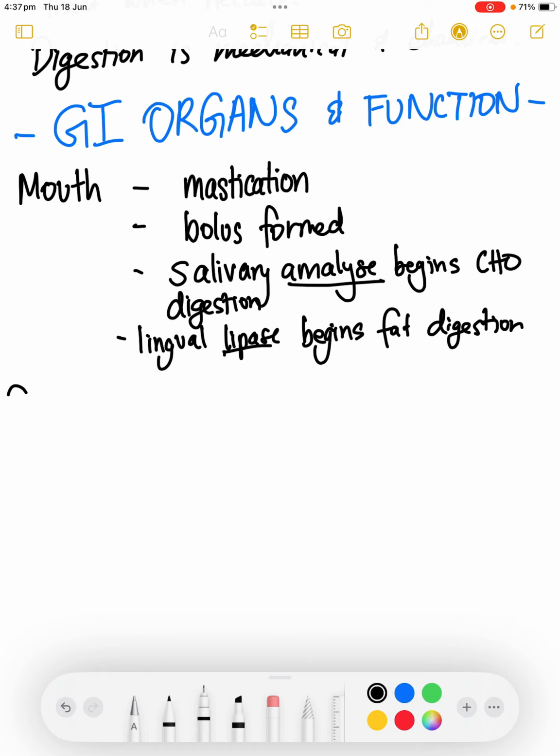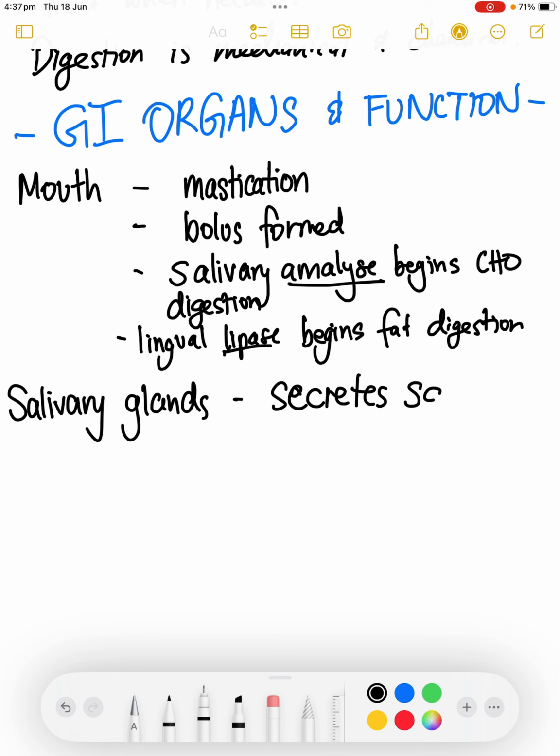Okay. The next one is salivary glands as well. So the first one is it secretes saliva.